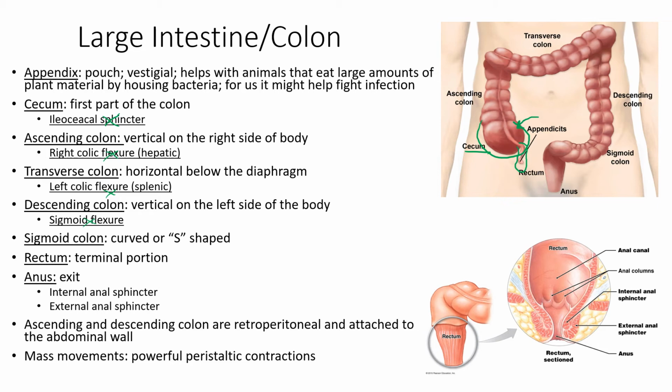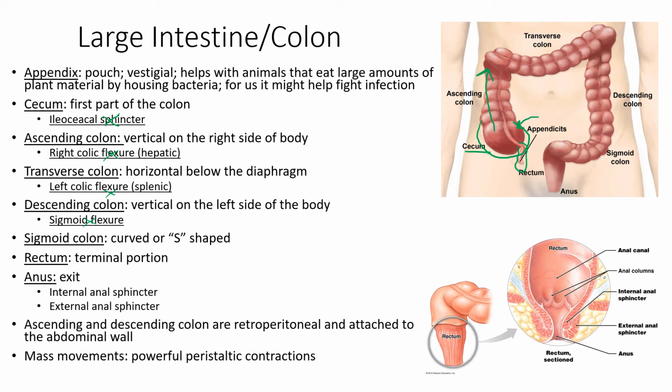So moving from the cecum, we are going to, what's kind of odd, move up into the large intestine and into the ascending colon. This is going to be along the right side of the body and go up just underneath the diaphragm, which we are then going to enter into the transverse colon.